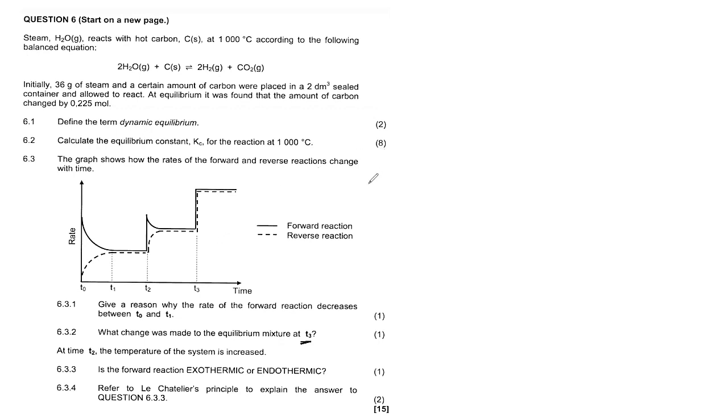And then we always know that if we find both the forward and the reverse reaction increasing just like that in this manner, the only factor that was done there is adding a catalyst. So we always know once we have this change here, or we have something like that, then the change that occurred is that there was an addition of a catalyst always. So this is based on your notes.